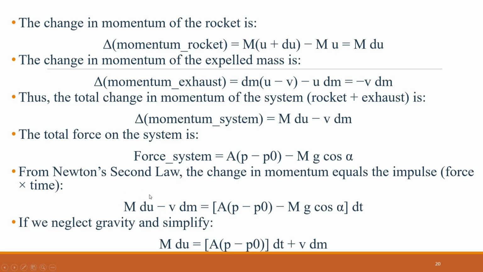Mass of the rocket multiplied by change in velocity minus exhaust velocity multiplied by expelled mass equals nozzle area multiplied by pressure difference minus weight along flight direction multiplied by the time interval. If we neglect gravity and simplify, mass of the rocket multiplied by change in velocity equals nozzle area multiplied by pressure difference multiplied by time, plus exhaust velocity multiplied by expelled mass.